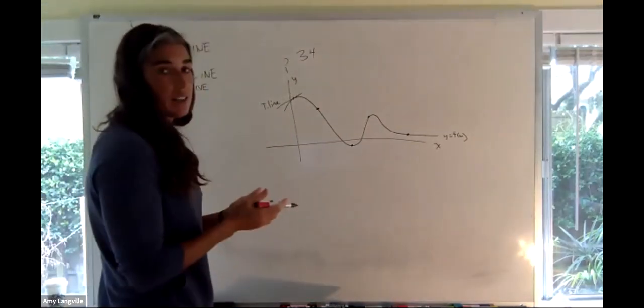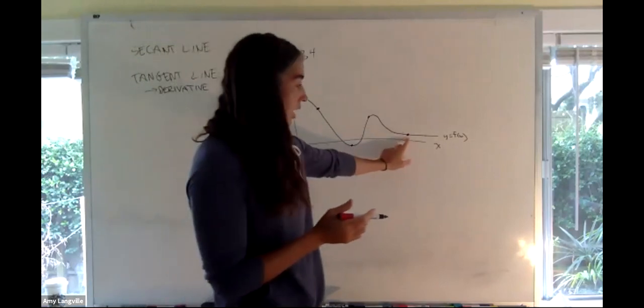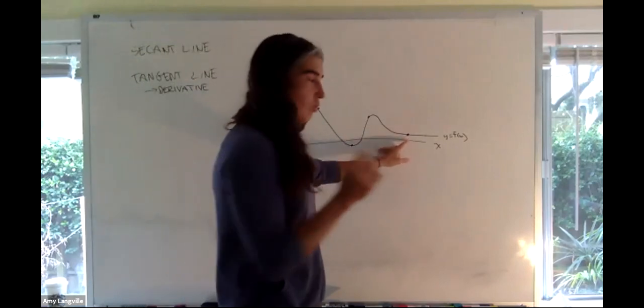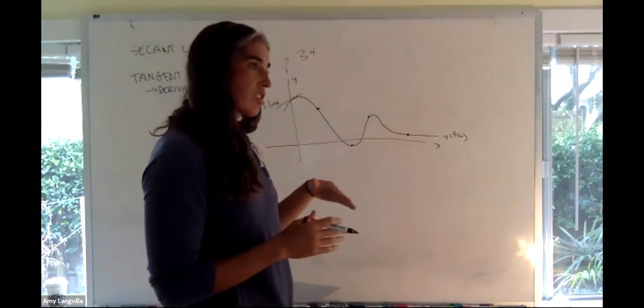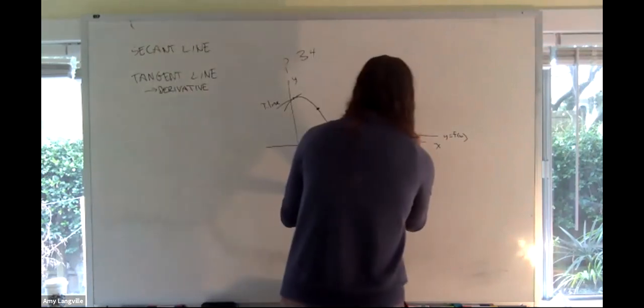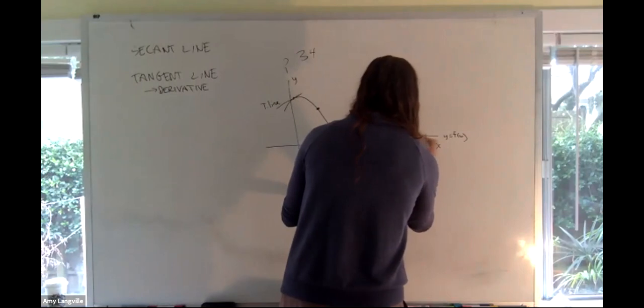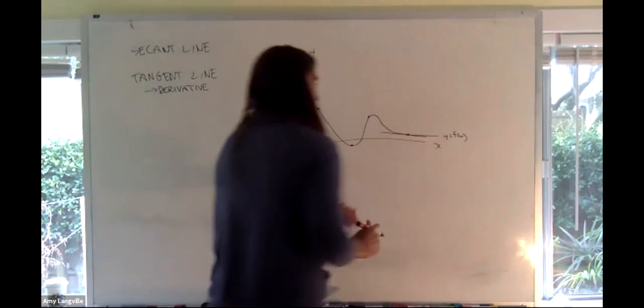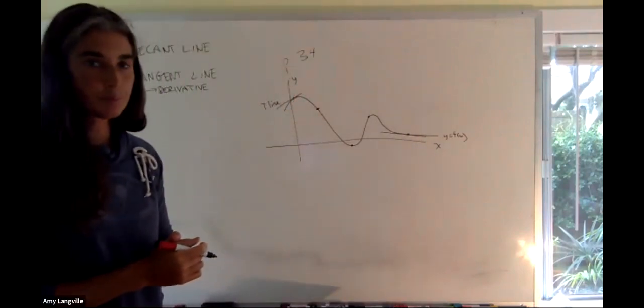So let's try that idea at another point. Maybe over here at the last point, let's try. If I zoom in, zoom in, zoom in, this function actually starts to look like a little linelet there. I'll take that little linelet and then I'll just extend it. So there's the tangent line.